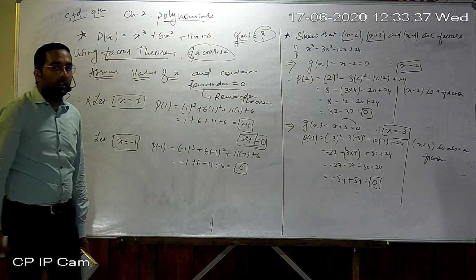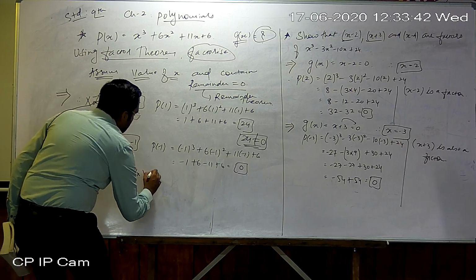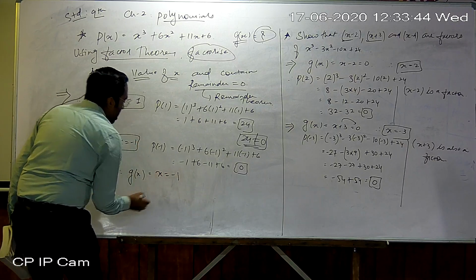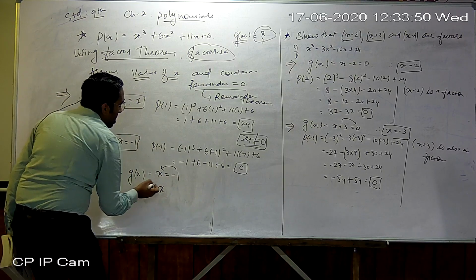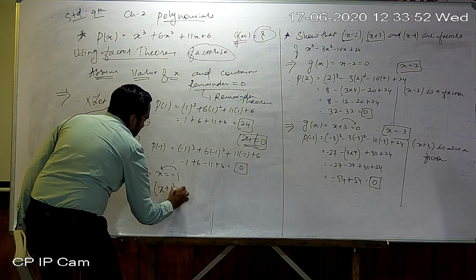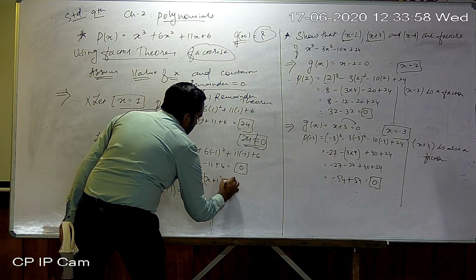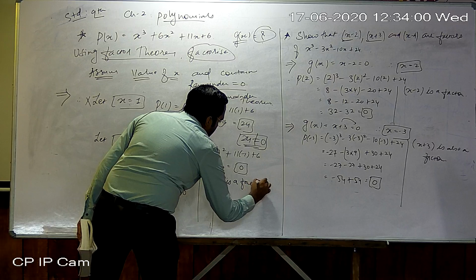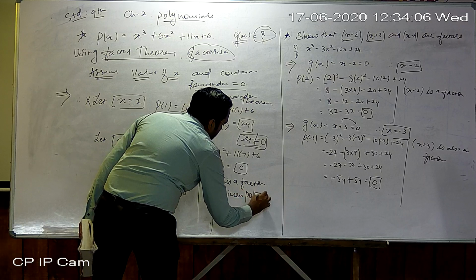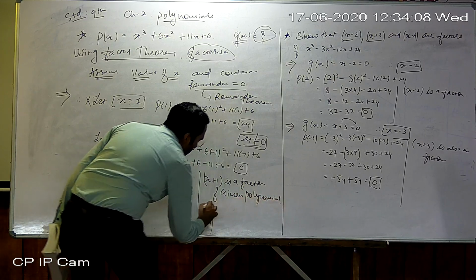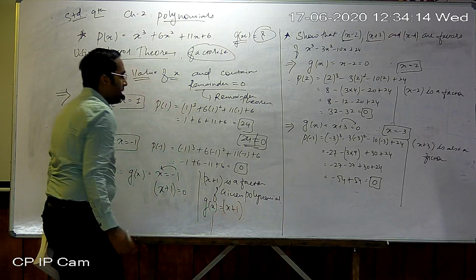Therefore g of x is given by x equal to minus 1. Shifting minus 1 to the other side, my answer is x plus 1 equal to 0. Now we say that x plus 1 is a factor of the given polynomial. Okay. Therefore I'll take g of x as x plus 1.